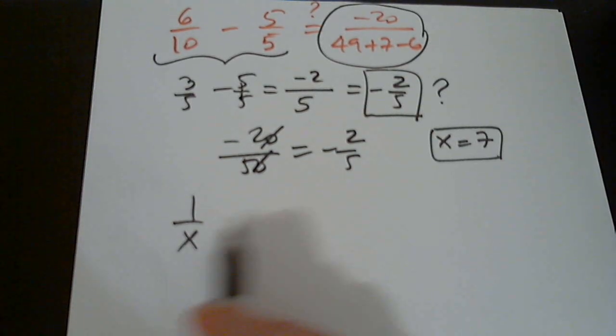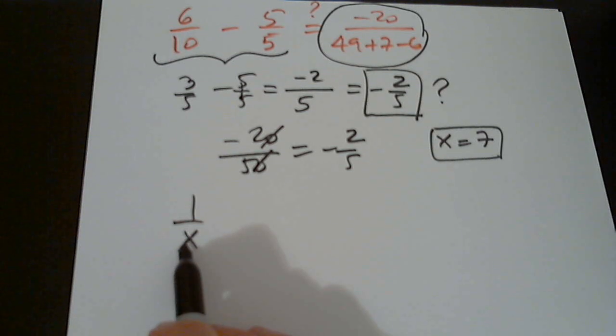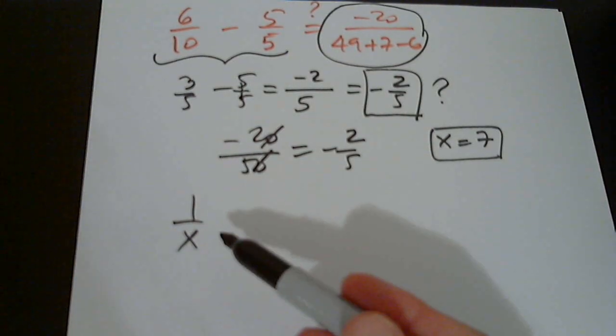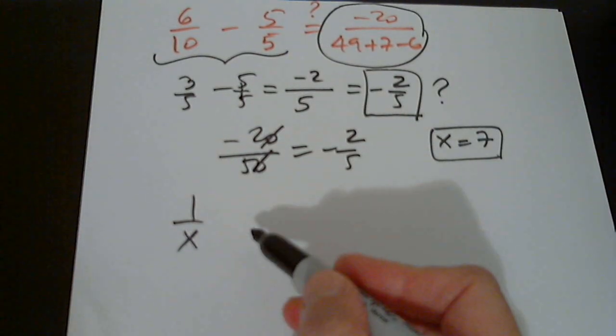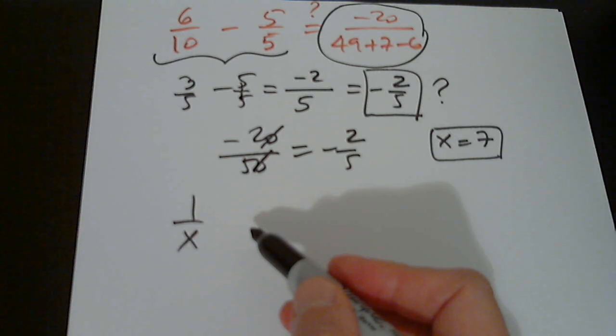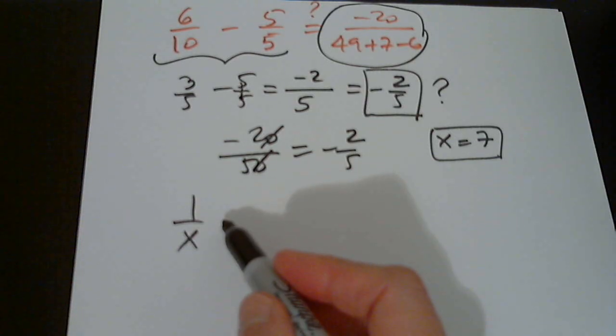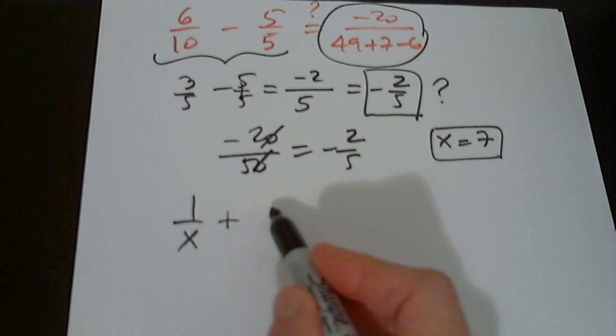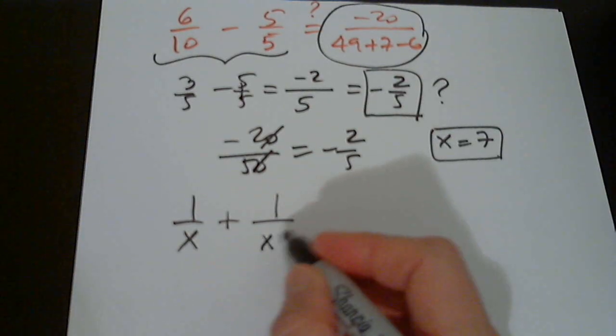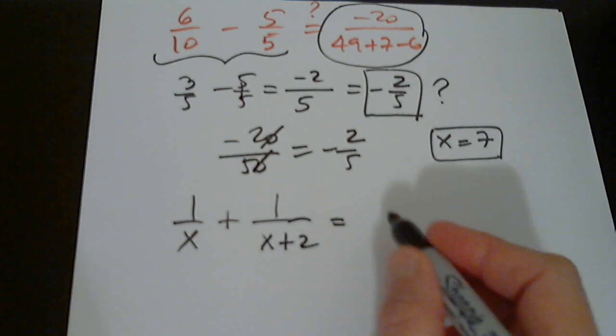Yeah, let's take a look. So it's 1 over x, but when I use the square root, it cannot be linear. So you said quadratic, but it starts as a rational. That's fine. So 1 over x plus 1 over x plus 2 equals 1/2.